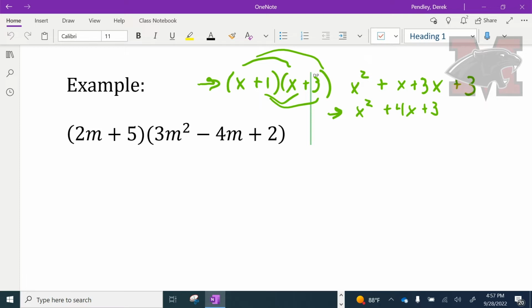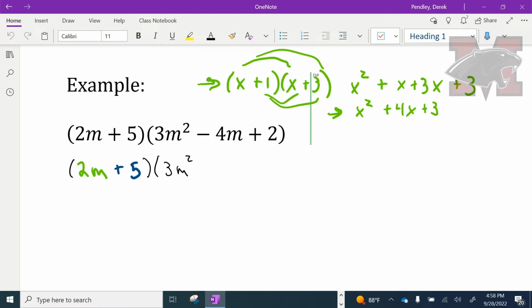You have to take this, and each term in this parentheses needs to multiply by everything in the other one. So let me write it in a different color so it'll make sense. 2m plus 5 times 3m squared minus 4m plus 2.